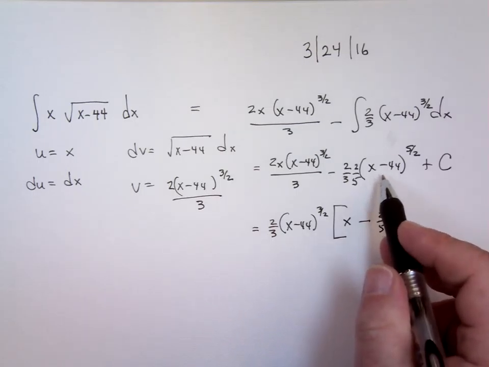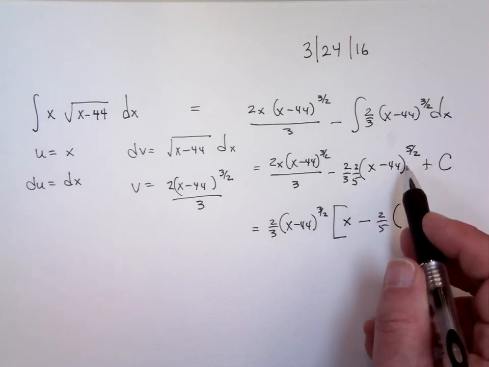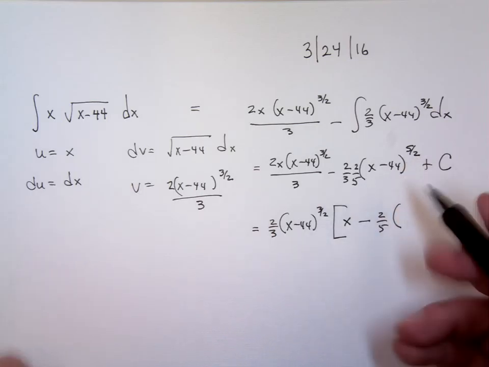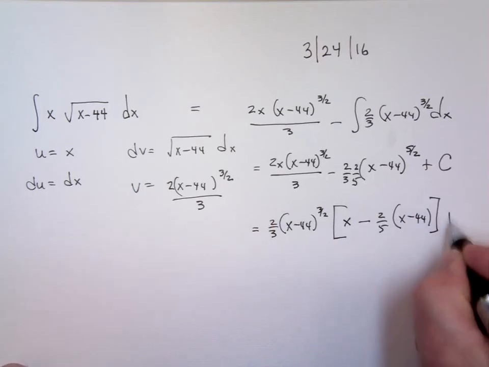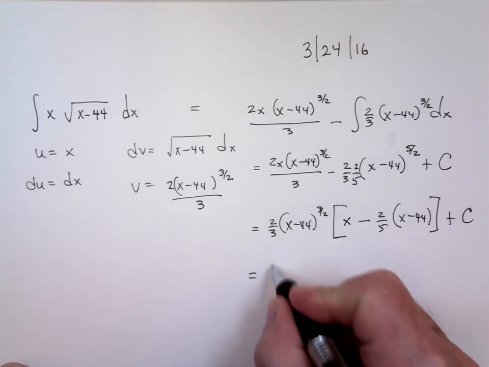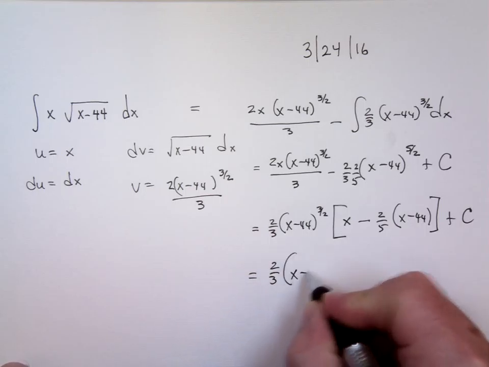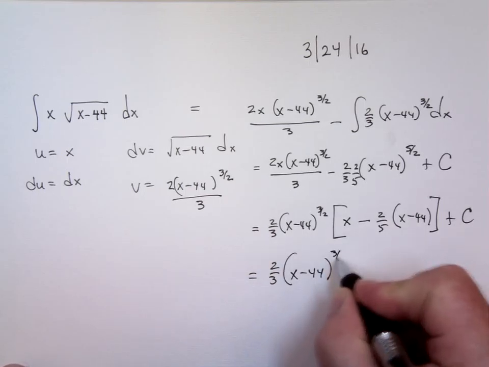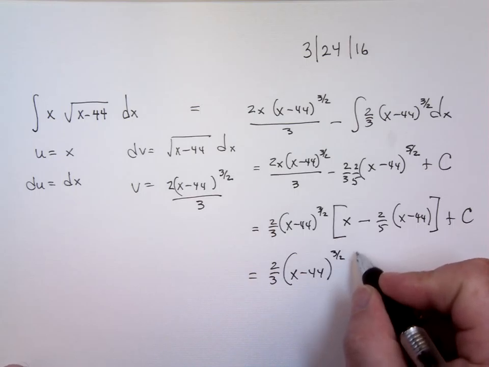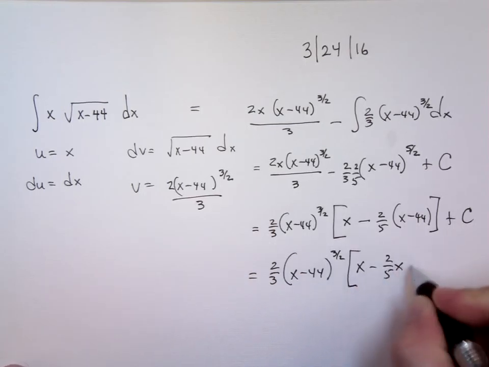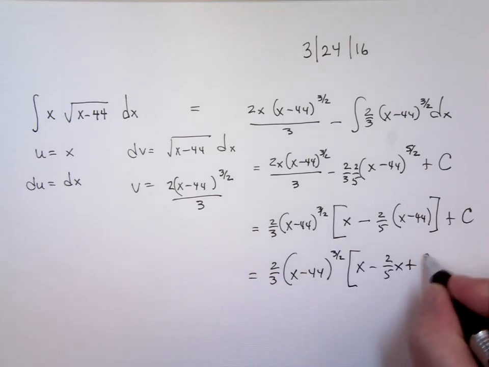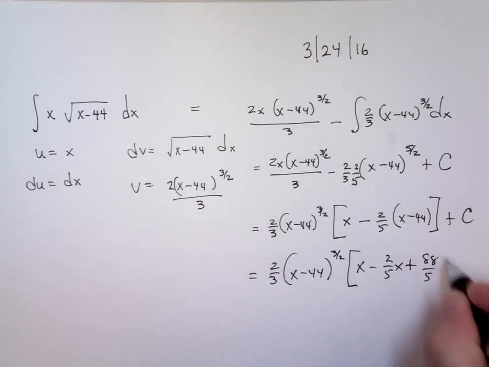Now, I've taken an x minus 44 to the 3/2 out. That leaves an x minus 44 to the 2/2, which is x minus 44. So, 2/3 x minus 44 to the 3/2 times x minus 2/5 x plus 88/5. Good grief.